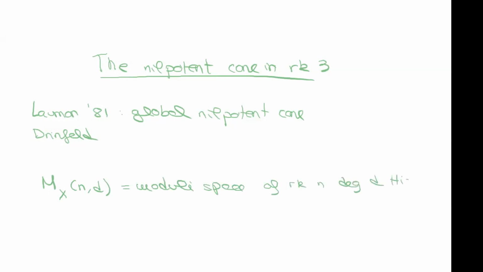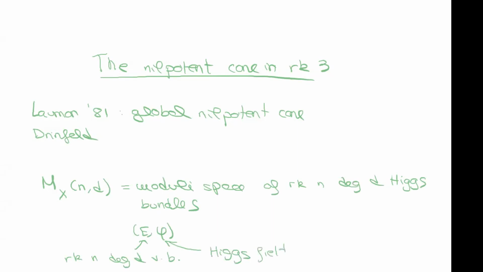So this parameterizes pairs. The closed points are pairs given by a rank n degree d vector bundle and a Higgs field, which is a holomorphic section of endomorphisms tensored with the canonical bundle.